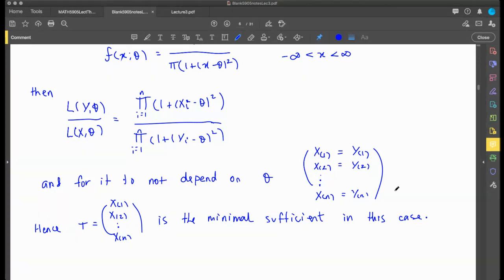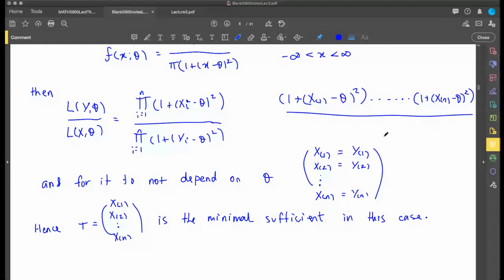Again, the reason is that I want all the contributions from all these terms to cross out. So when this holds, if I do the smallest first, the indexes might be different, but I want 1 plus x, the smallest, minus theta squared, and you have all of them, all the way up to 1 plus xn minus theta squared.